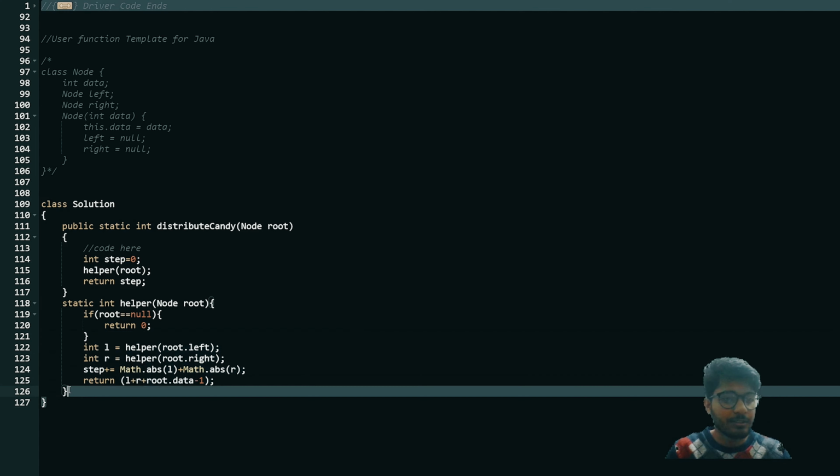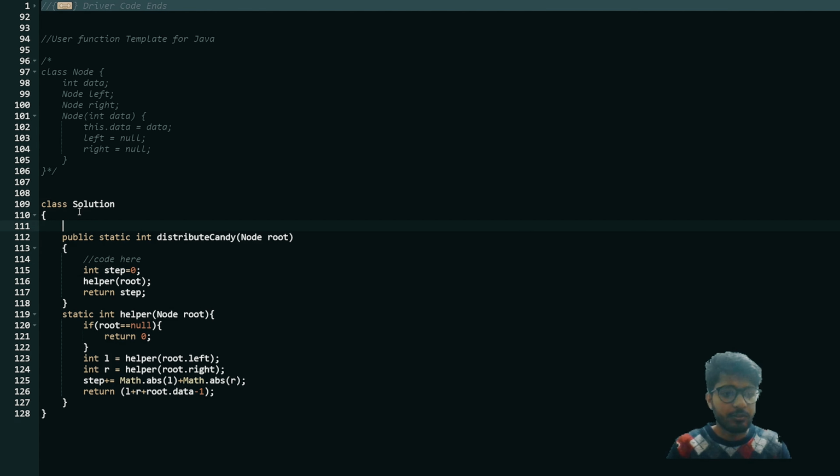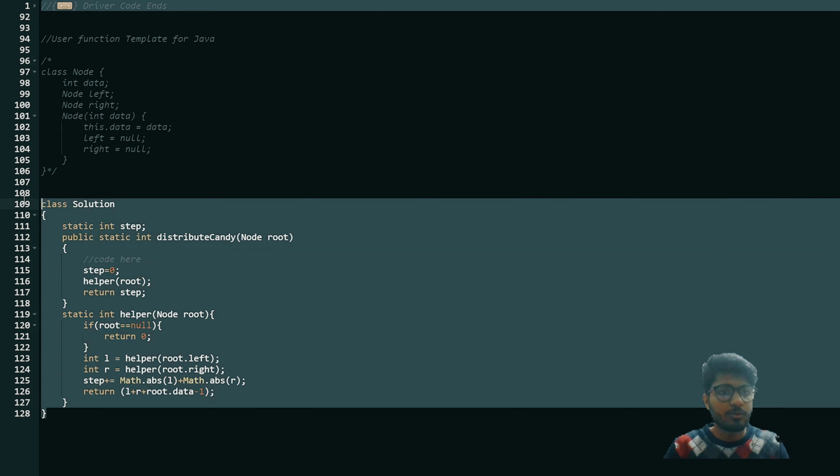And yes, this is all about the program, but there is a mistake. As we are calculating the total step count outside the distribute candy function, we have to initialize our steps variable globally. So let's do it. Also, we are using it in a static function, so we have to declare it as static int. So we have declared our steps variable, and let's initialize it with the value 0. And now our code is looking fine.